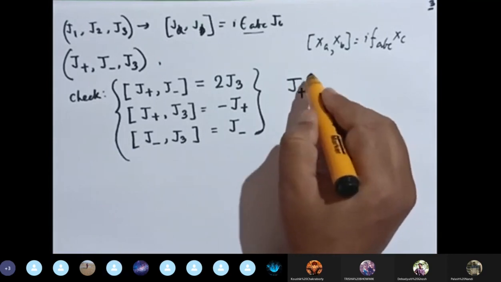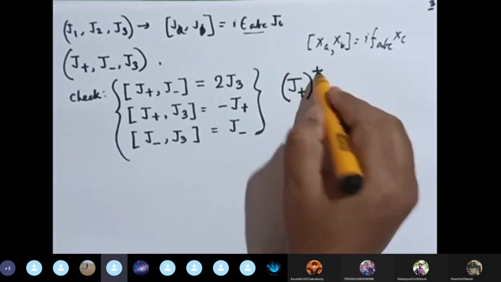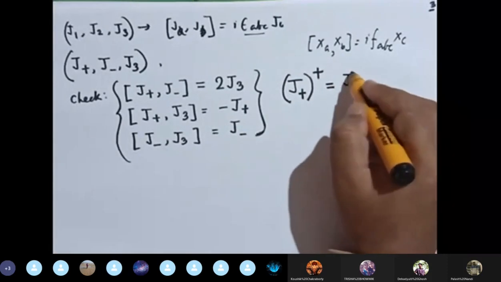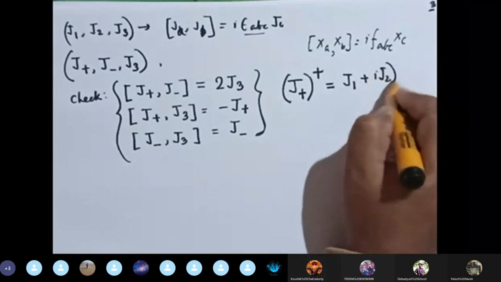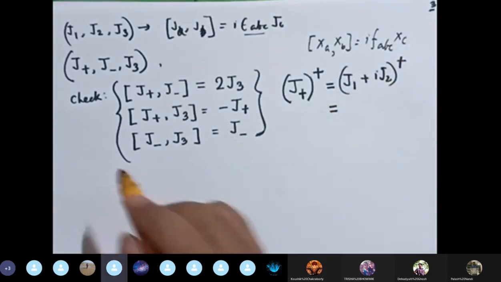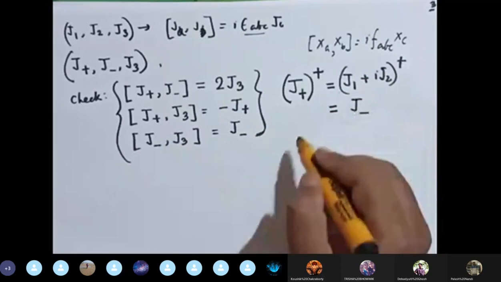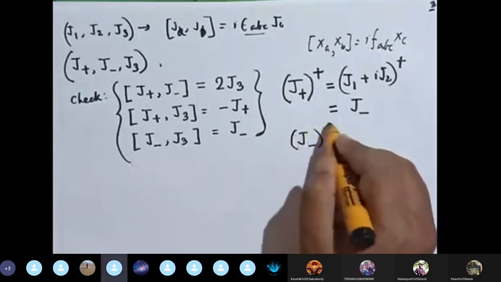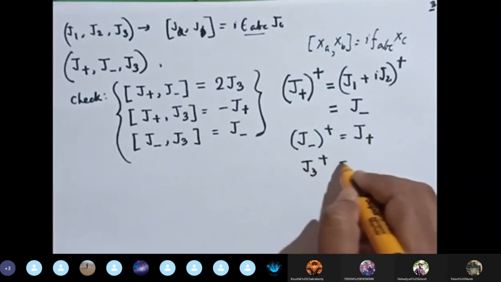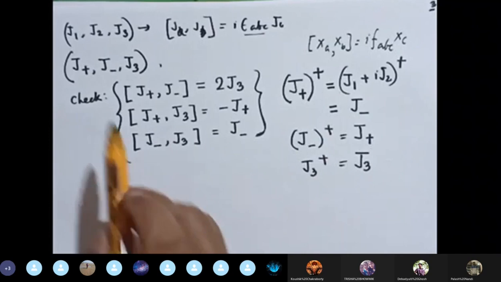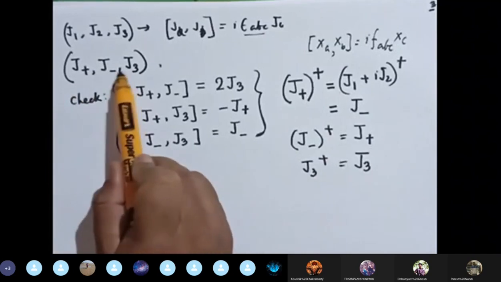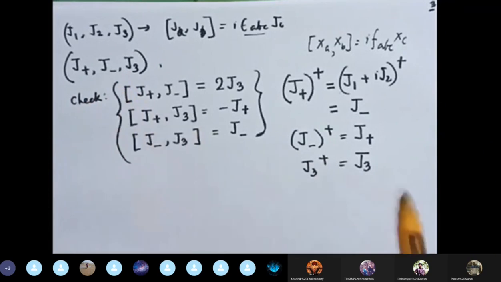J plus dagger is J minus. J1 plus iJ2 dagger is J minus. It is not Hermitian. J minus dagger is J plus, and J3 dagger is J3. So the new combination may not be Hermitian, but they're traceless anyway.